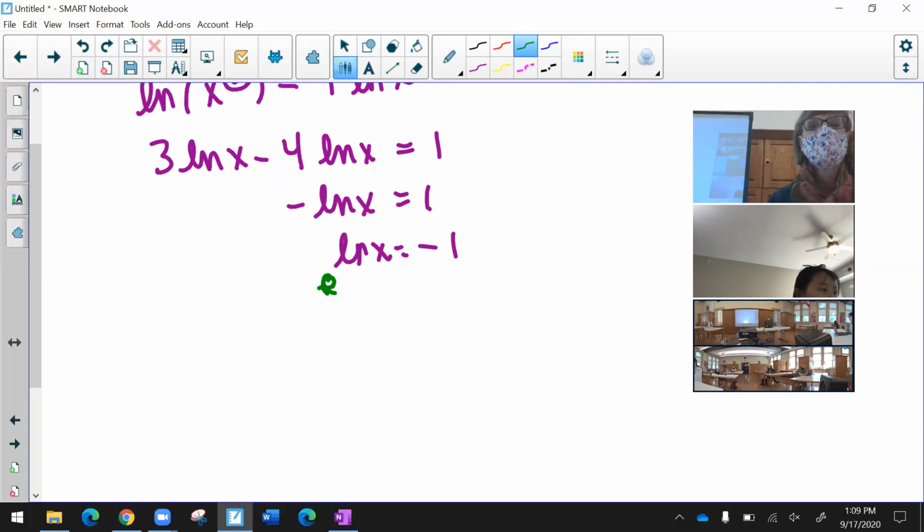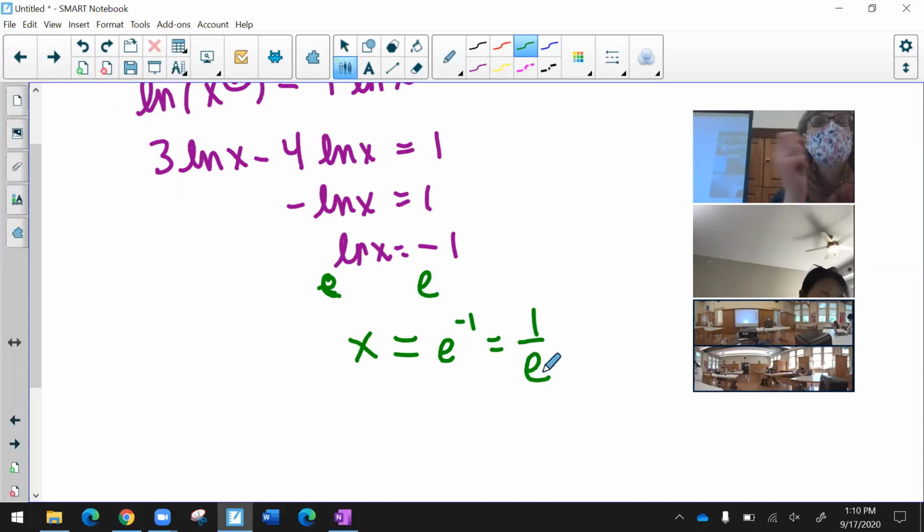Take the natural log of both sides? No, I've already got the natural log of both sides. I want to do e of both sides. So my e and my natural log on this side are going to cancel each other out. They are inverse operators. And that will give me an x. And on the other side, I have e to the negative 1, commonly known as 1 over e.